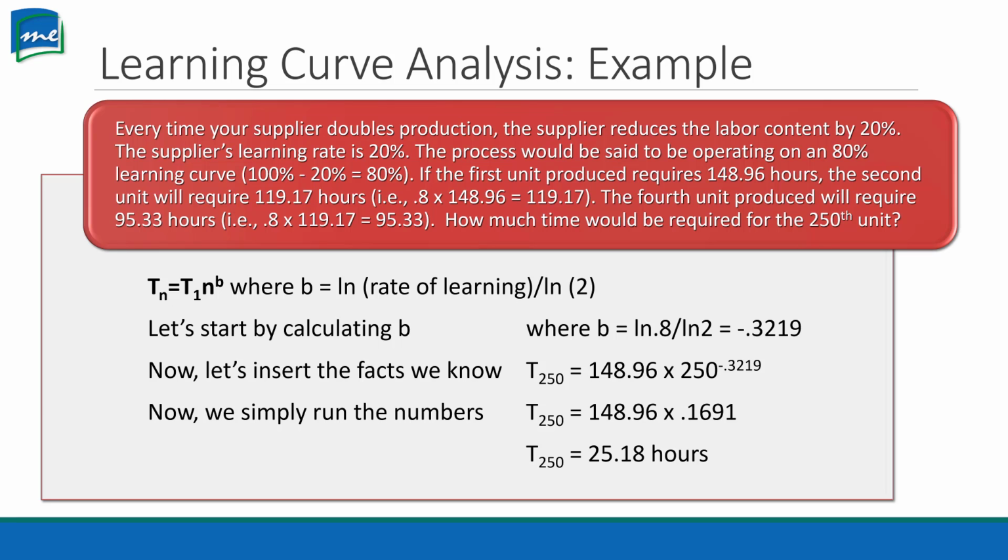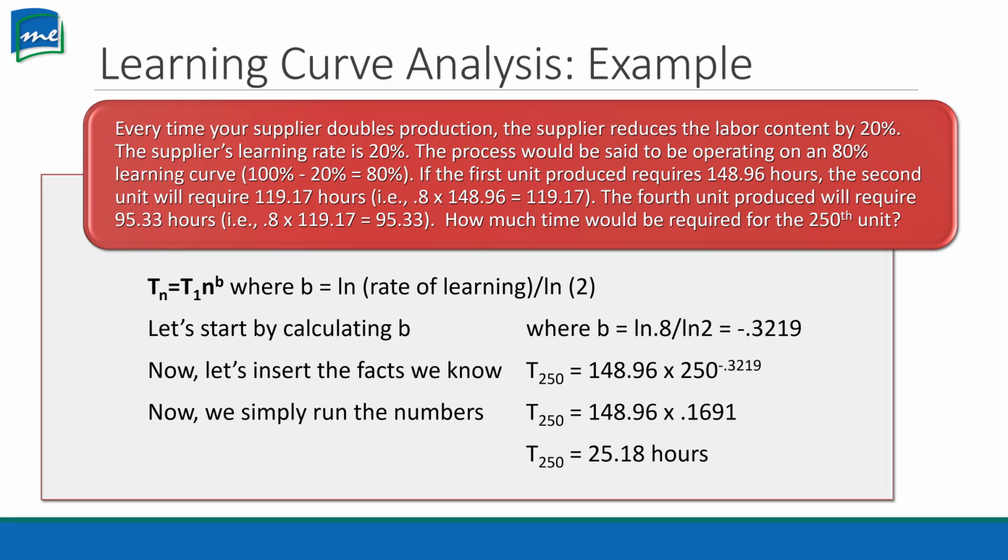So let's insert the facts that we know. So we have our T sub n. We want to know what our 250th unit is. So that's T sub 250. We know that first unit, which is the T sub 1, is 148.96. And then we want to multiply that by n, because we want to know what the nth unit is. That's 250.